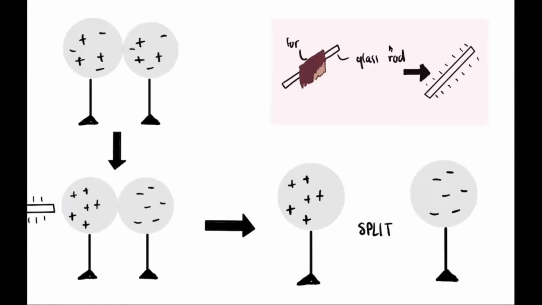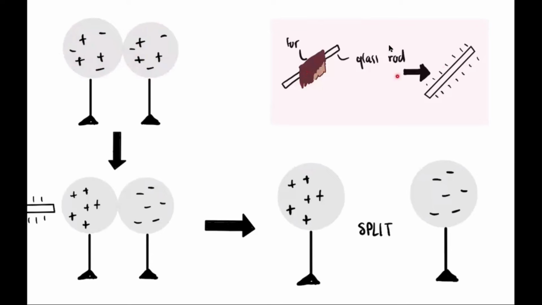So here we have an example. Here you have two metal spheres, okay, and they are in contact, and they're both neutral. Basically, when they are both in contact, it's like it's one metal, okay, because they're both neutral. They both have the exact same charge, and they are in contact.